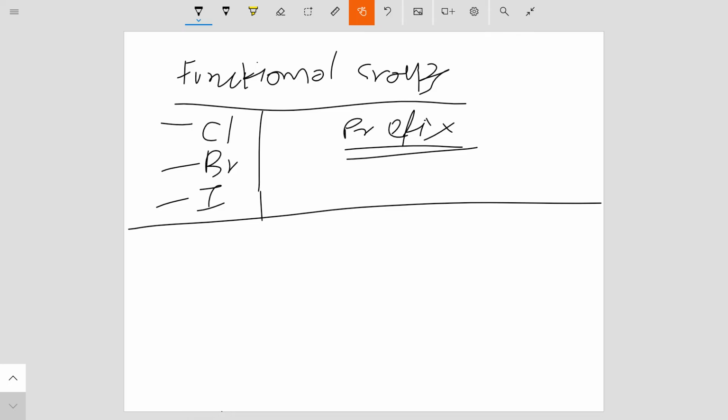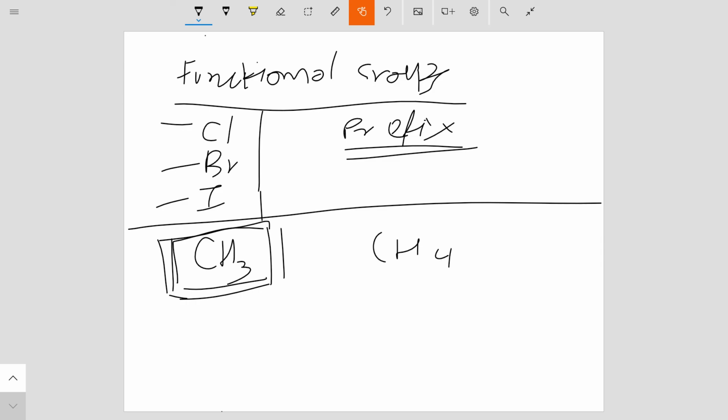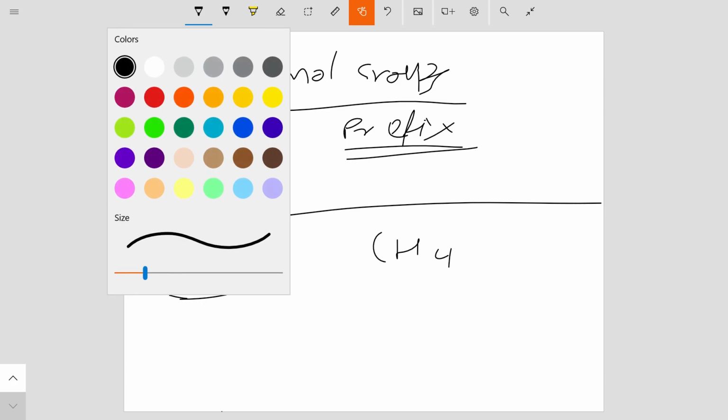When we write the formula in an alkyl group, the alkyl group is a hydrocarbon with reduction of one hydrogen atom. When it's CH3, it's an alkyl, not methane but an alkyl formation of methane. When it is CH4, it is methane. So the same concept applies.